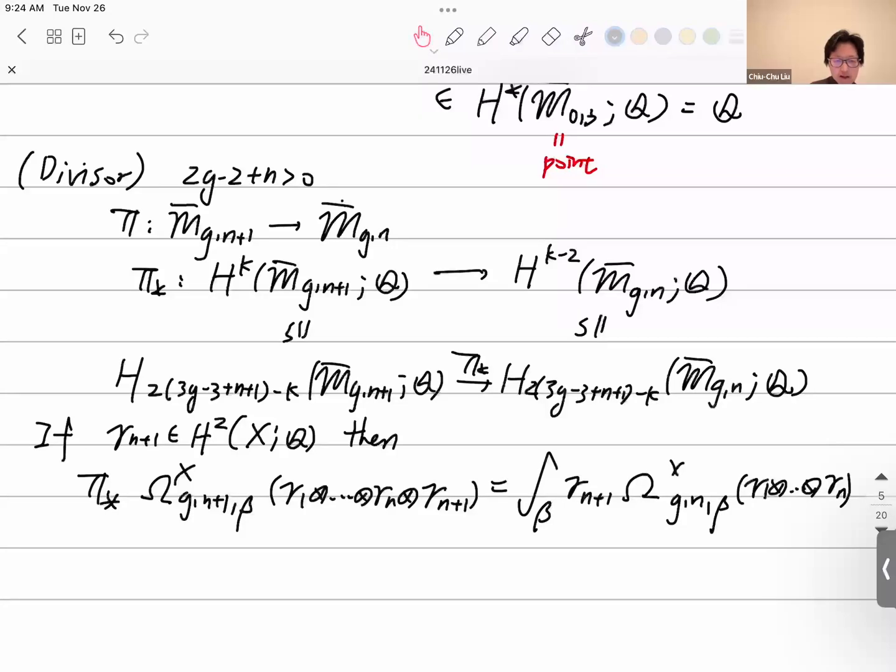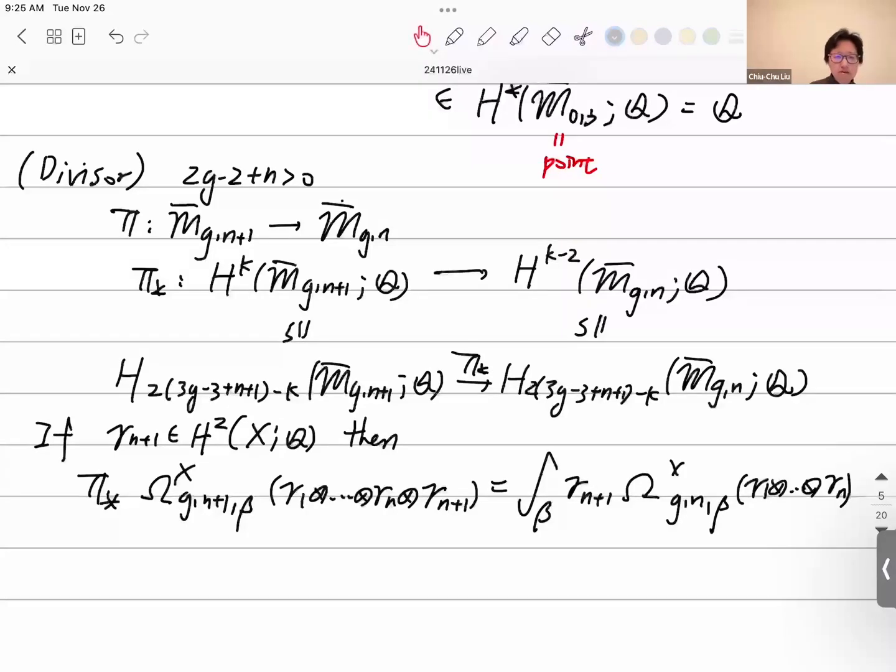Then the divisor axiom says that if we take the Gromov-Witten class where the last one, gamma m plus 1, is a degree 2 class, it is equal to the right hand side. So it's equal to applying the Gromov-Witten class to gamma 1 tensor up to gamma n, with the factor which is the pairing of the curve class beta and gamma m plus 1.